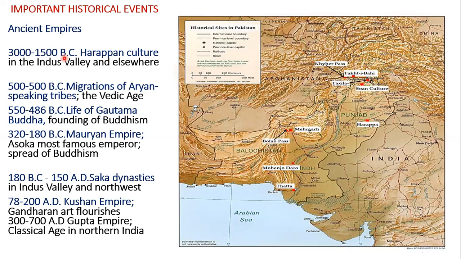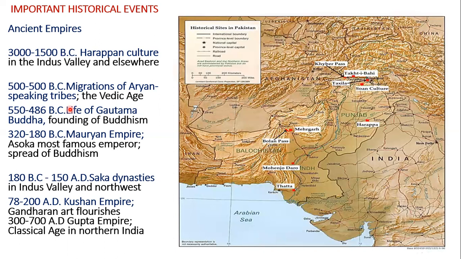Aryan civilization. Okay. Who were the Aryans? It is very interesting that Aryans basically are a race, and we, the people of the subcontinent, believe we are the descendants or the children of the Aryans. Clear?